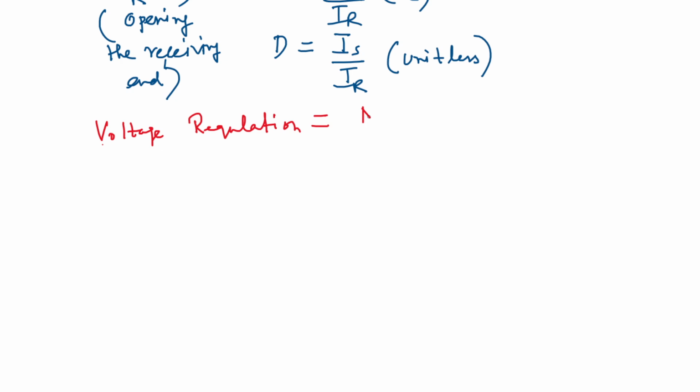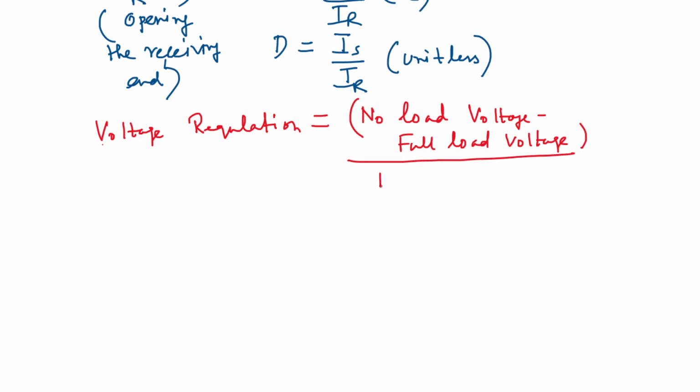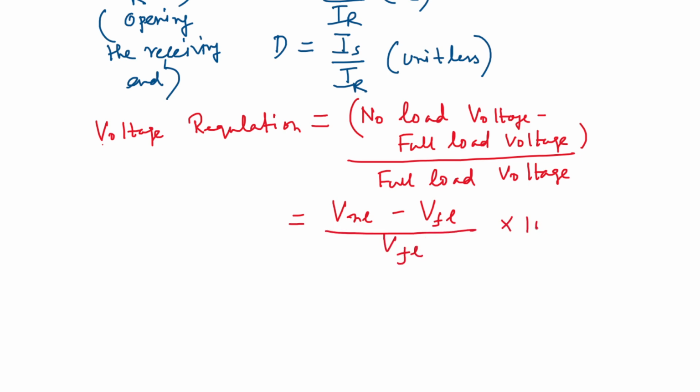It is defined as no load voltage minus full load voltage, divided by full load voltage. In notation it is (VNL minus VFL) by VFL, into 100%.